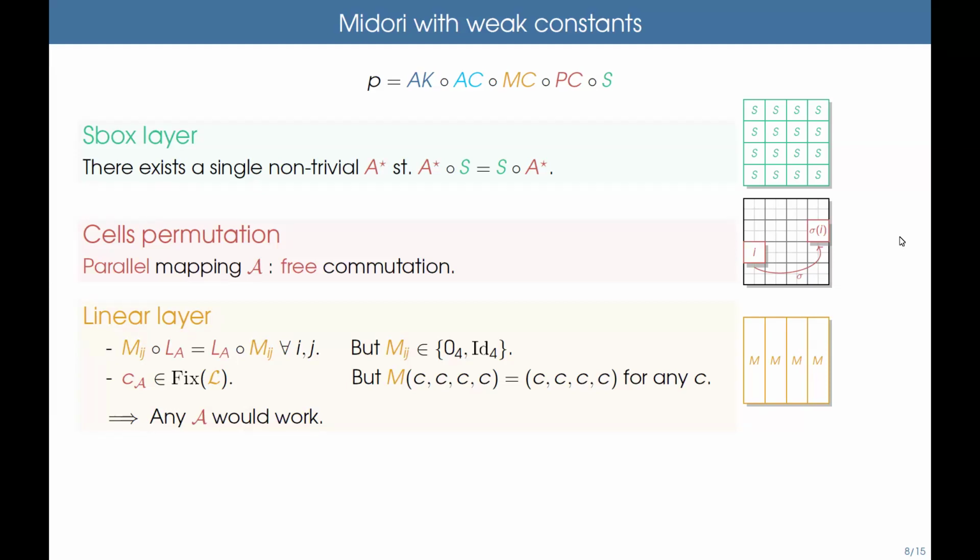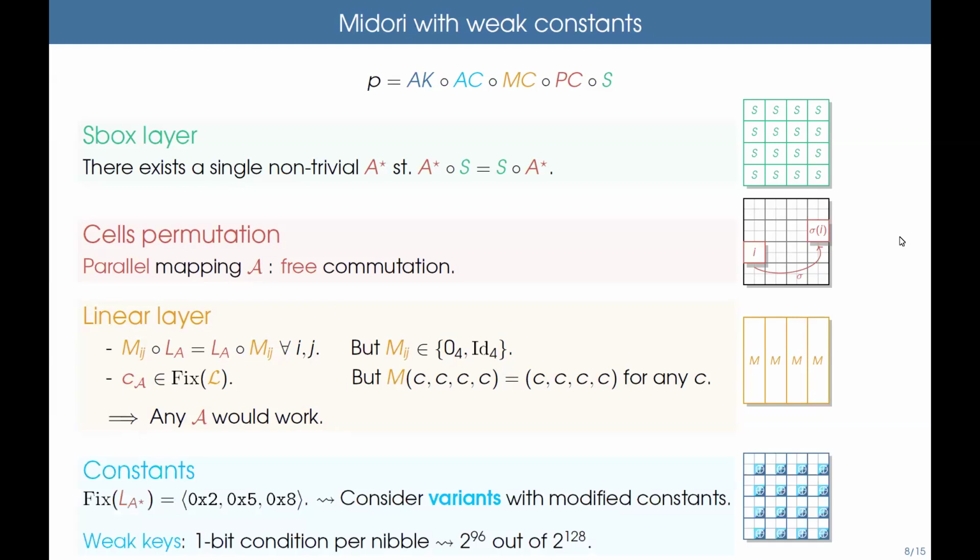And so finally, we need to study the constant addition. We compute the fixed point set of our linear part. And sadly, the constants of Midori do not all belong to the fixed point set because 1 does not belong to this set. So in this study, we studied variants of Midori with a weak constant, and a constant is weak if it belongs to this set. And for the key, it's exactly the same.